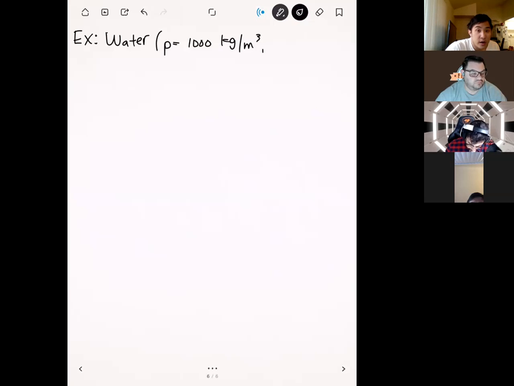Okay. And so in this example, let's say that we have water. So our fluid is water here. Our water has a density of 1,000 kilograms per meter cubed. And our dynamic viscosity is going to be 8.9 times 10 to the minus 4 Newton seconds per meter squared.